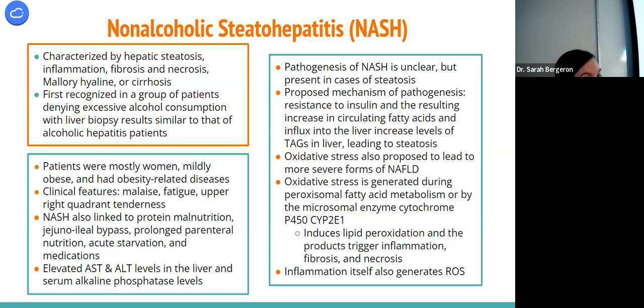So that's why it's kind of proposed that oxidative stress leads to the more extreme form. Like we're going to see, it's the inflammation in the liver. And also inflammation itself also generates reactive oxygen species. So that's kind of why the pathogenesis is still unclear of exactly why it's caused.